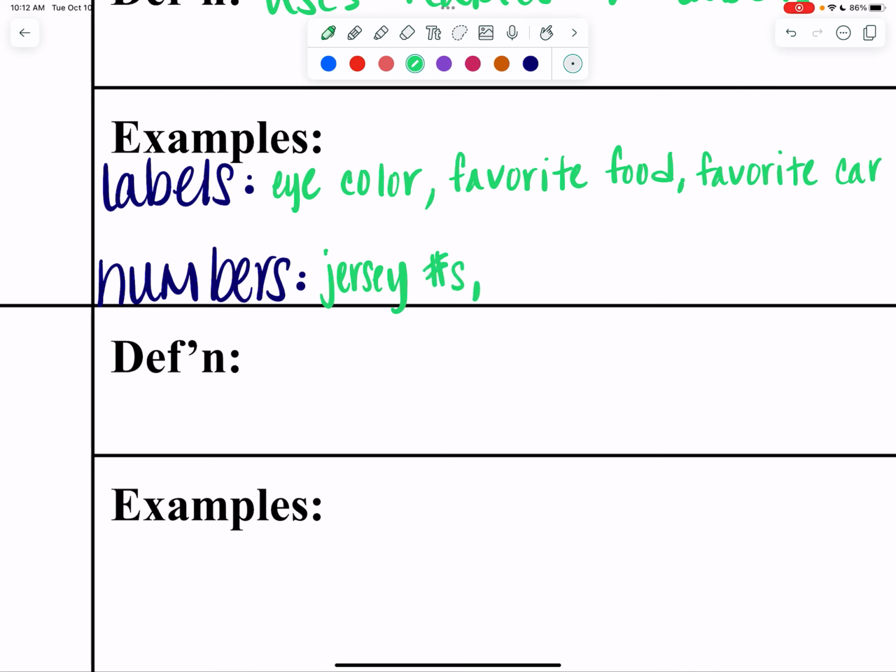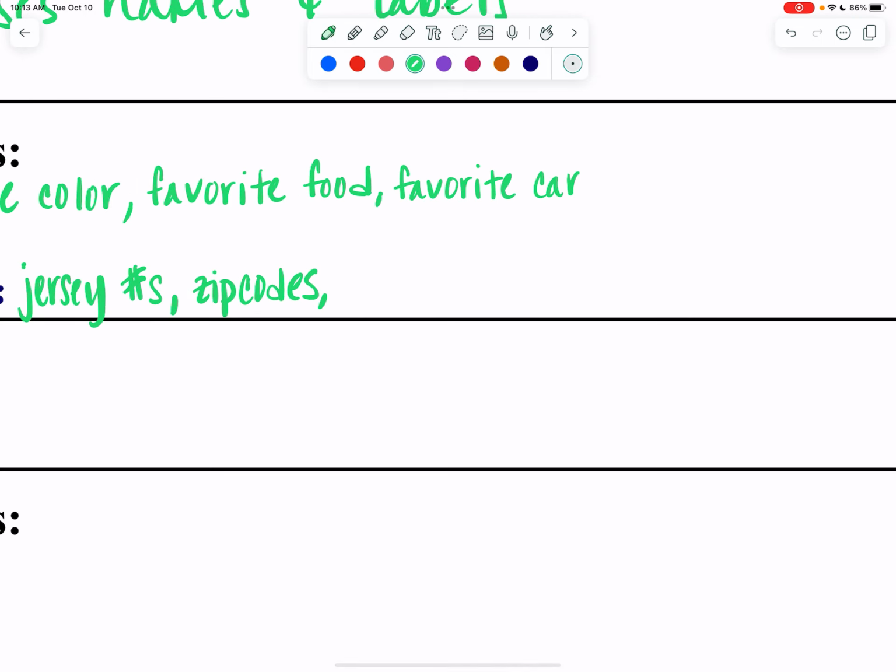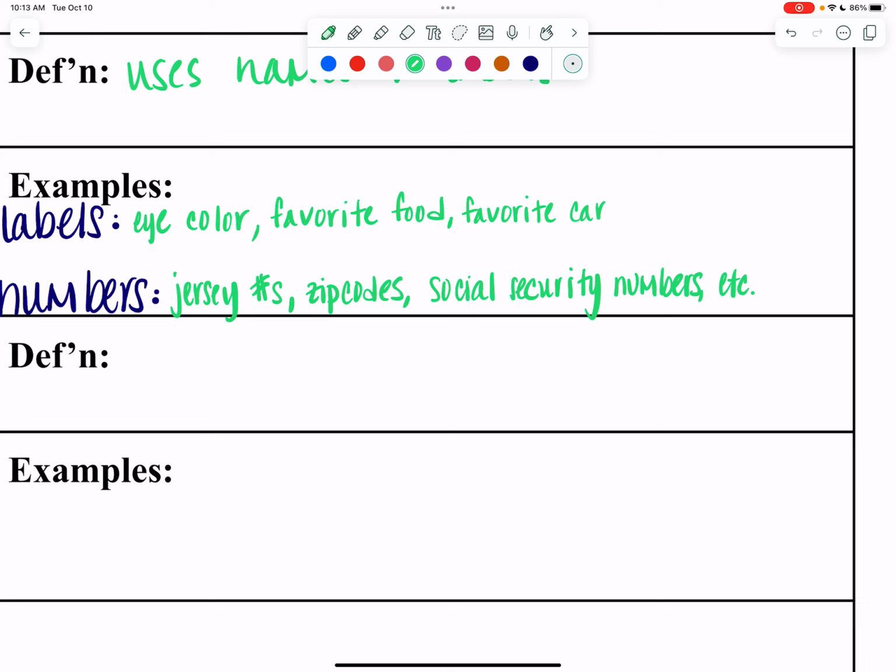We could look at zip codes. We could look at social security numbers. All of these things involve numbers, but these are numbers that serve as categories.